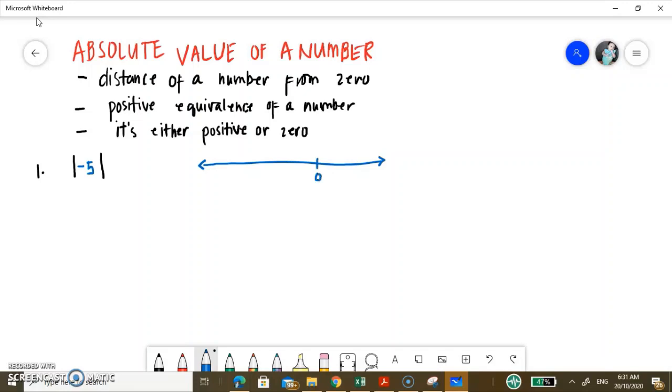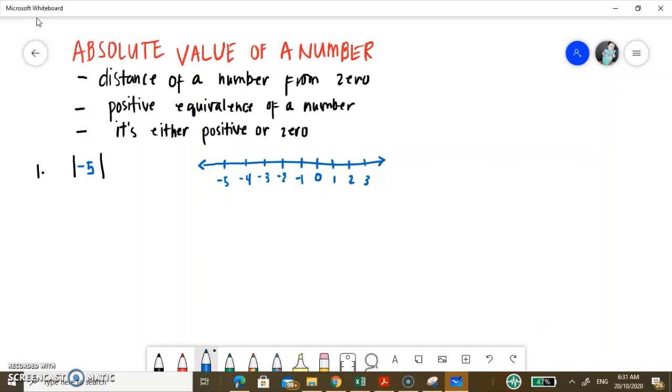So if this is your 0, and then the negative integers or numbers, they go to the left of 0. So you have your -1, your -2, -3, -4, -5, and then the positive integers would go to the right of 0 in our number line.